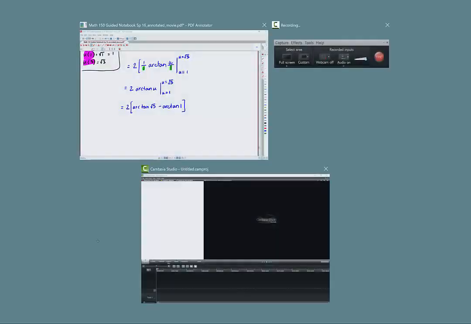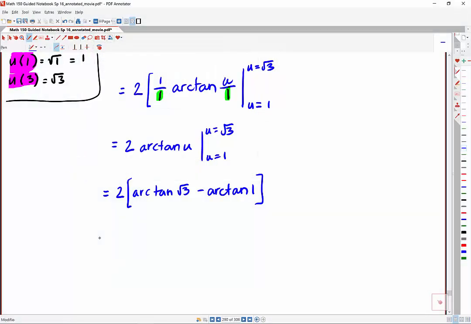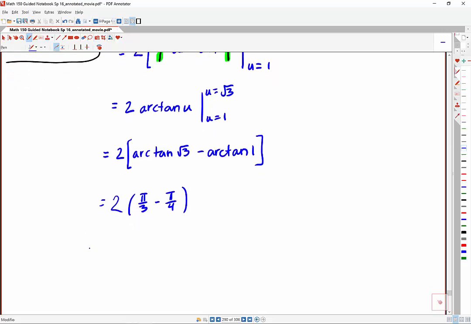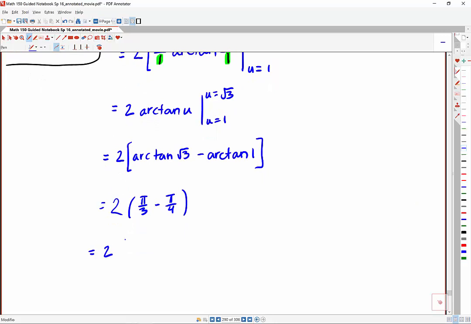and arctangent of root 3 is what? At what angle input does the tangent function have an output of root 3? That'll be good, pi over 3. And arctangent of 1, beautiful, pi over 4. So, getting it pretty, we can have a common denominator of 12, and this would be 4 pi minus 3 pi.